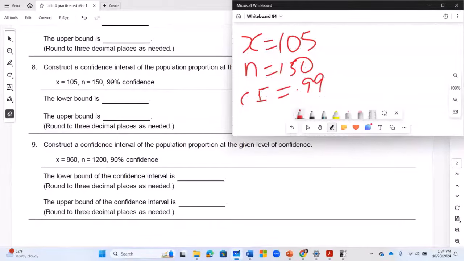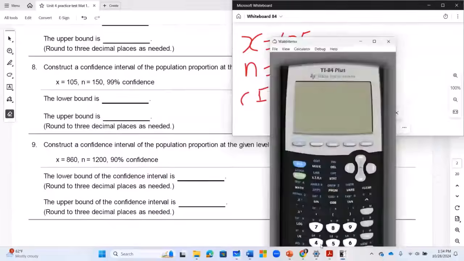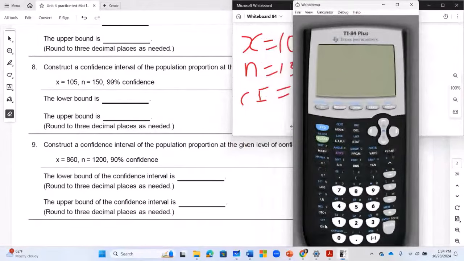The lower bound and upper bound. So it's easy. We do what we just did before. Pull your calculator up, go to Stat, arrow to Test, and you're looking for one prop Z interval, and that is A. So one prop Z interval is what you're looking for.